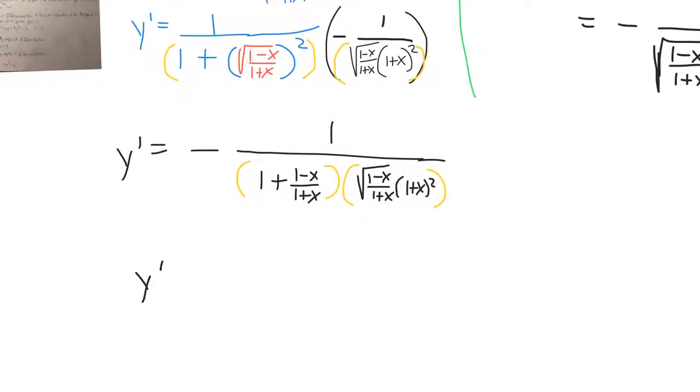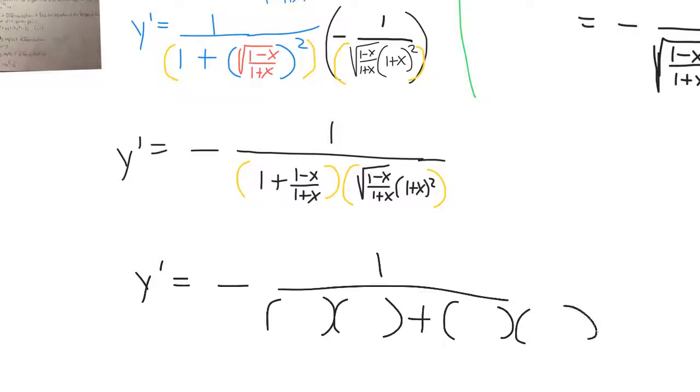When we distribute it, I'm going to give myself parentheses with this distribution. Kind of looks like we're doing the power rule, but it's not. It's distribution.